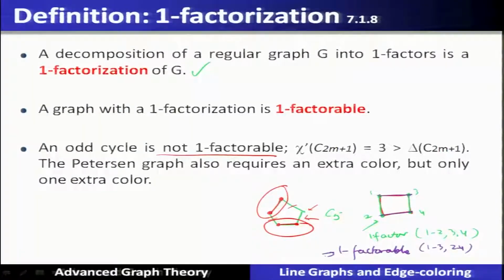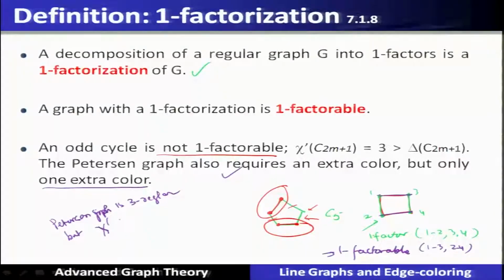So, the Peterson graph also requires an extra color, but only one extra color. That is an important point to note. The Peterson graph is 3 regular, but how many colors does it require?